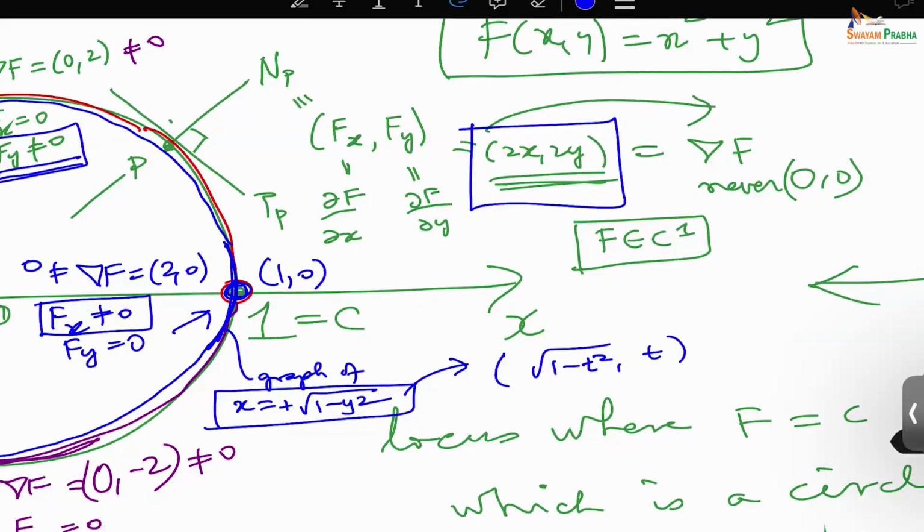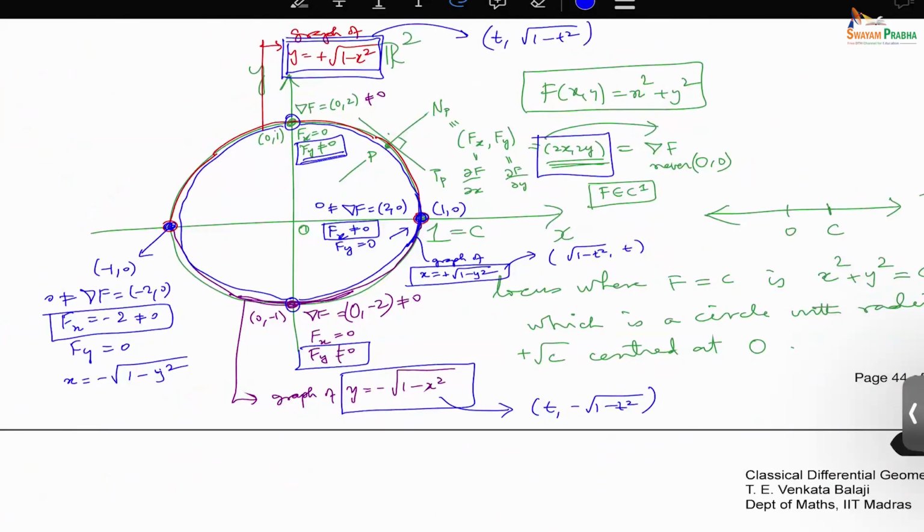If you put y equal to t, x will be root of 1 minus t squared. And here the parameterization will be again x is a function of y, y is the independent variable, x is the dependent variable. So take the independent variable always as a parameter. So you will get minus root of 1 minus t squared comma t.